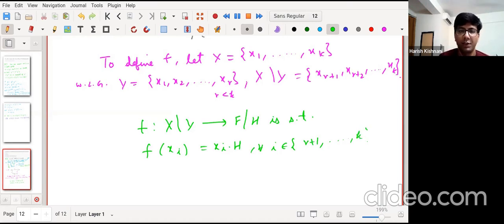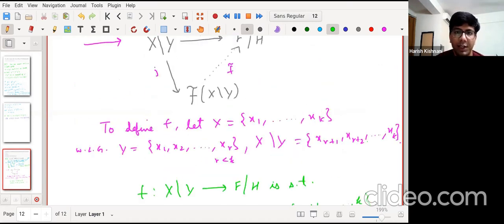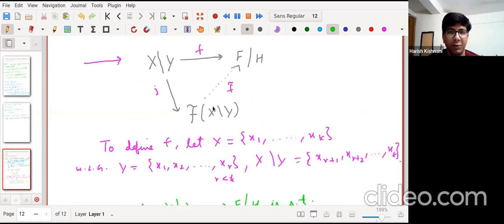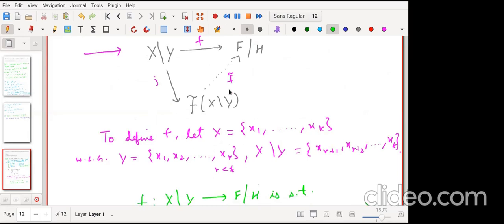Okay, this is your function f. So you get a group homomorphism from the free group over X minus Y to F modulo H, and you need to prove that this group homomorphism is an isomorphism as well. That I leave to you.